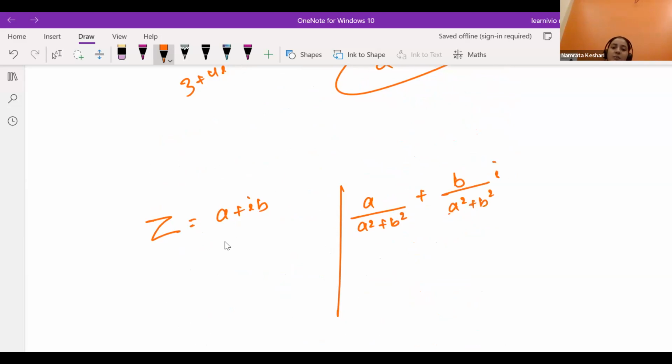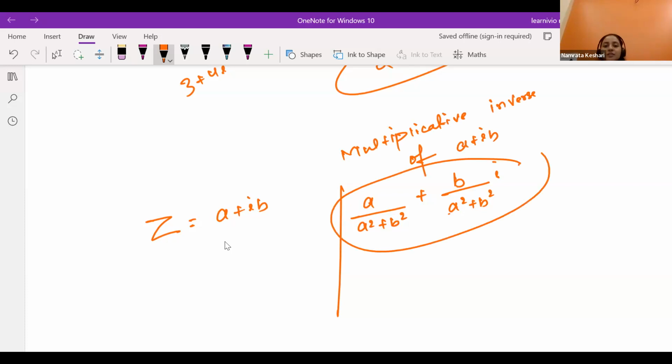This is the multiplicative inverse of a plus ib.